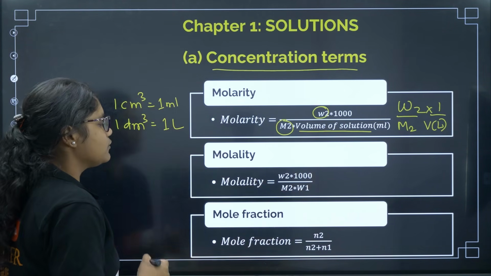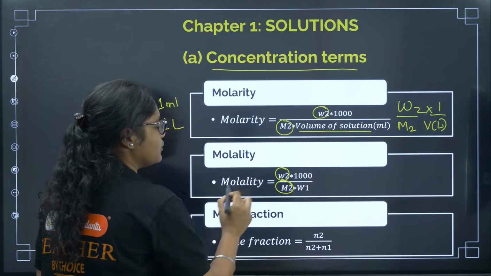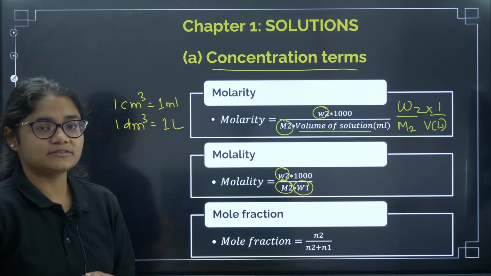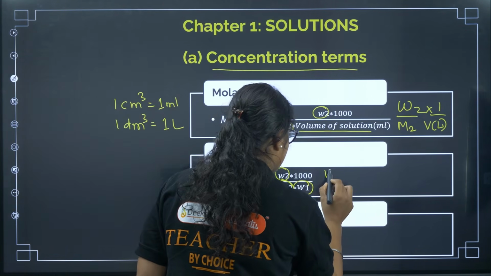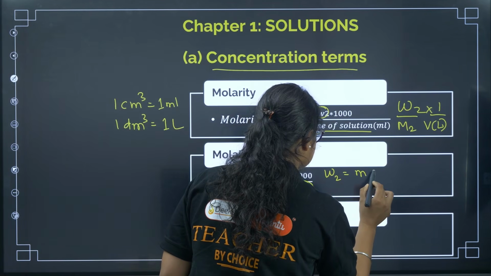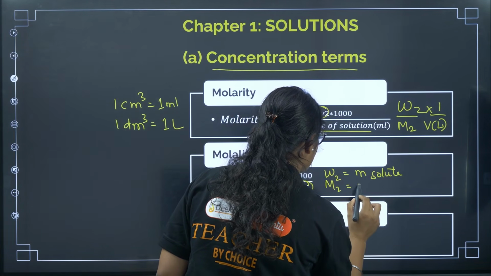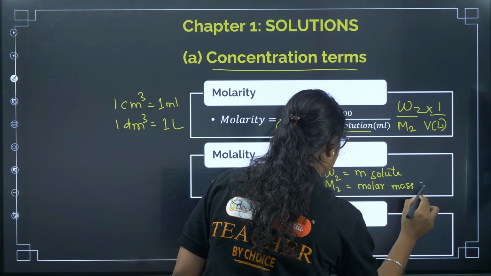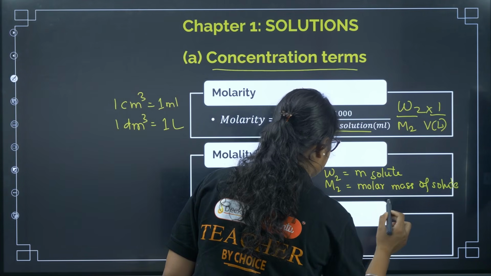Now coming to molality, W2 is the mass of the solute, M2 is the molar mass of the solute, and W1 is the mass of the solvent, right? I hope all of you know these formulas because they are there even in the first chapter.